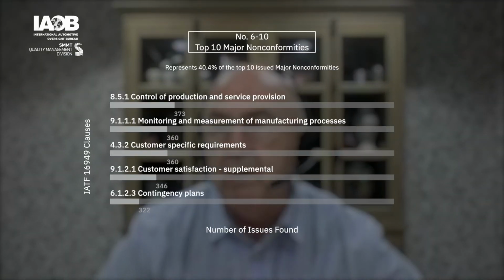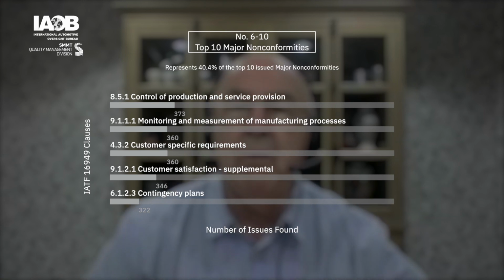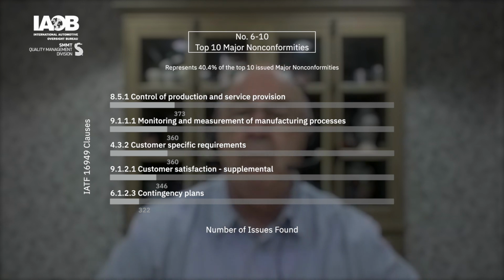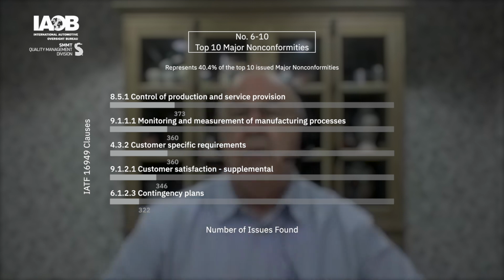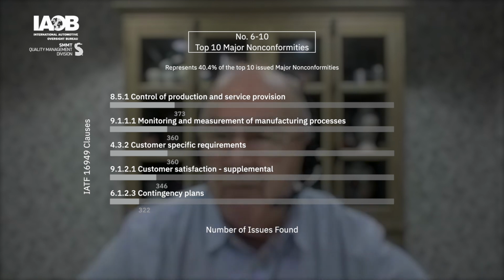So in summary then, at number 6 in the major nonconformity ranking list, we have control of production and service provision 8.5.1, which is an ISO 9001 requirement. Number 7, we end up with 9.1.1.1, which is about monitoring and measurement of manufacturing processes. Number 8, customer-specific requirements, which I'm sure we're going to hear far more about as we go through 2022.